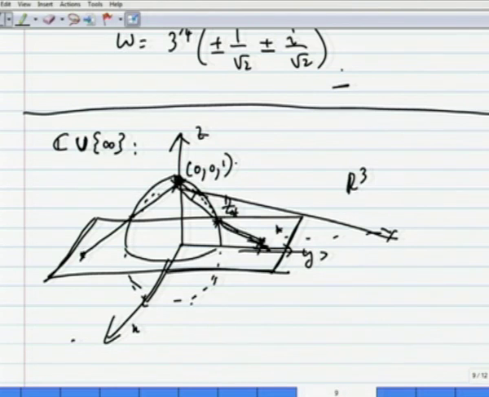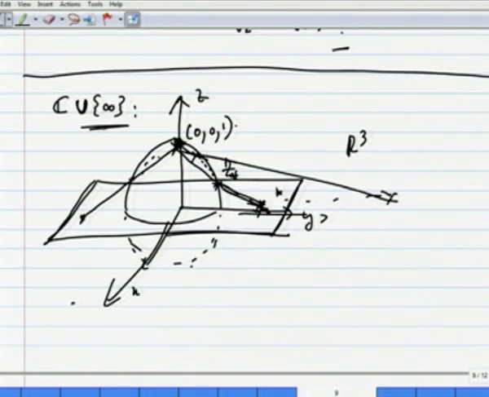In that sense the north pole represents the point at infinity. So, you think of the point at infinity as the north pole.